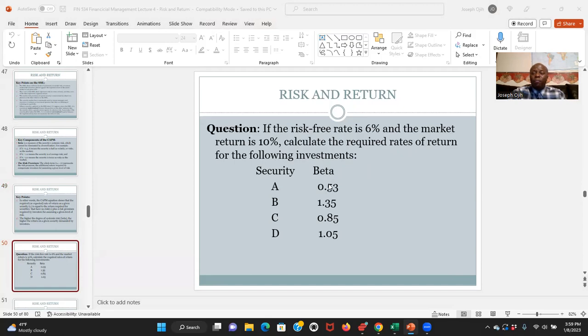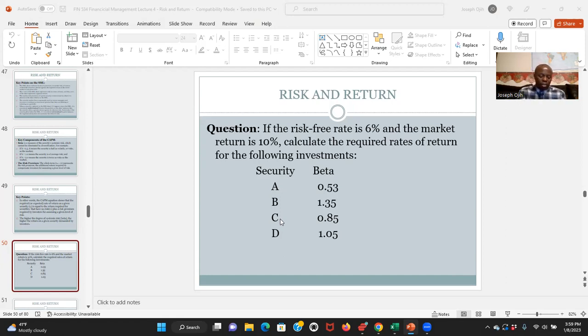What return would the investors demand before agreeing to invest in that security? This is security A. A can be maybe Walmart, B can be Home Depot, C can be any stock, as a matter of fact.